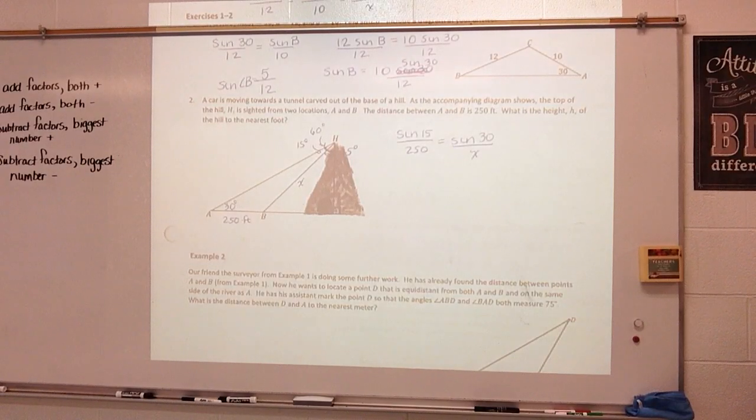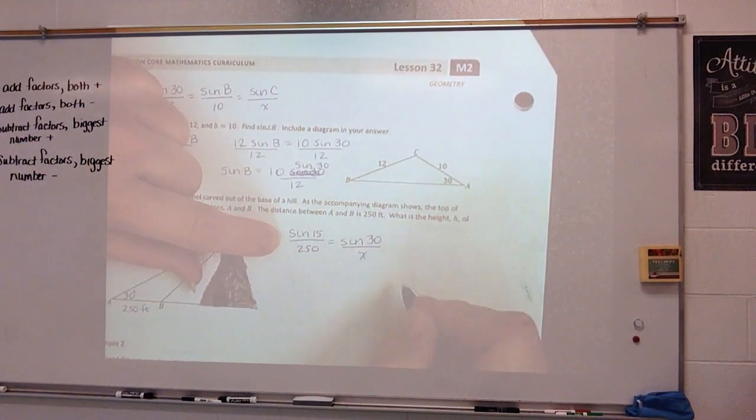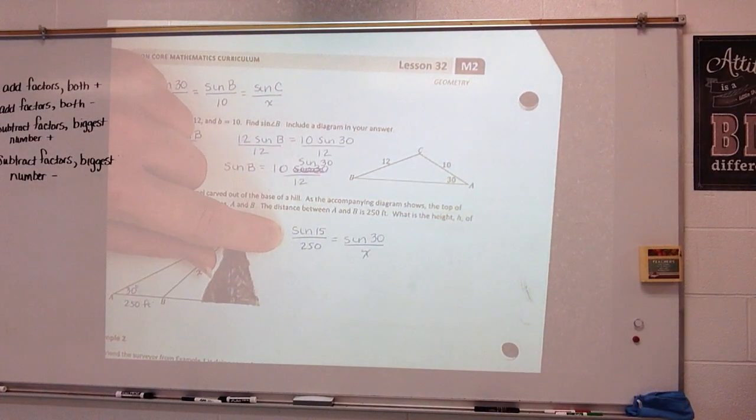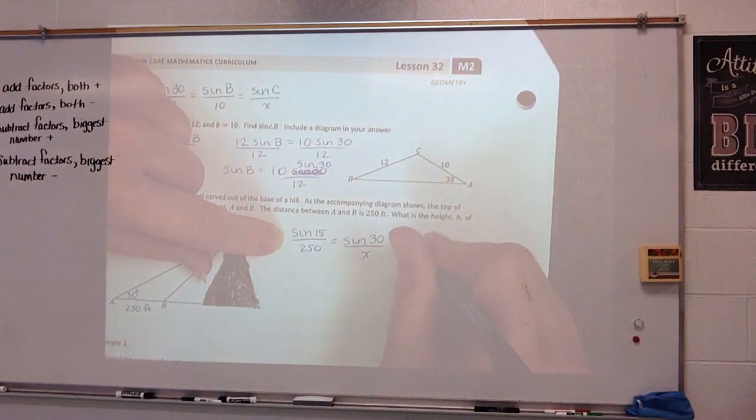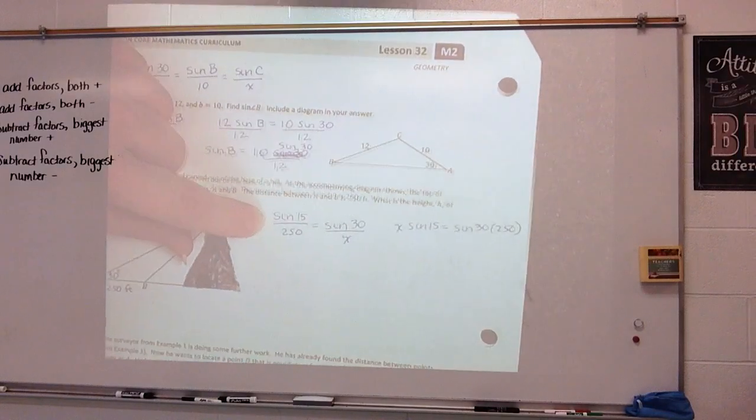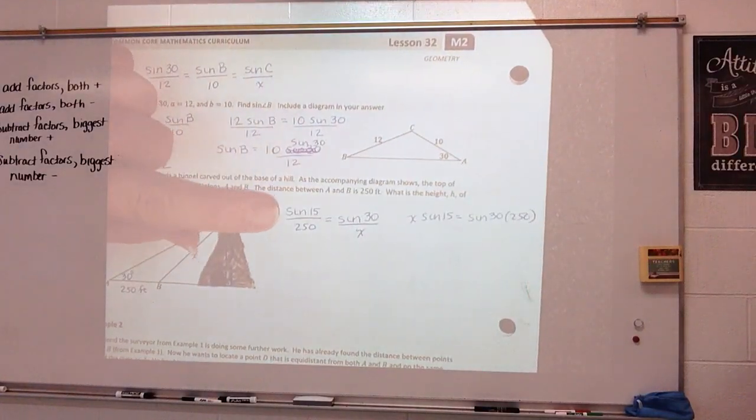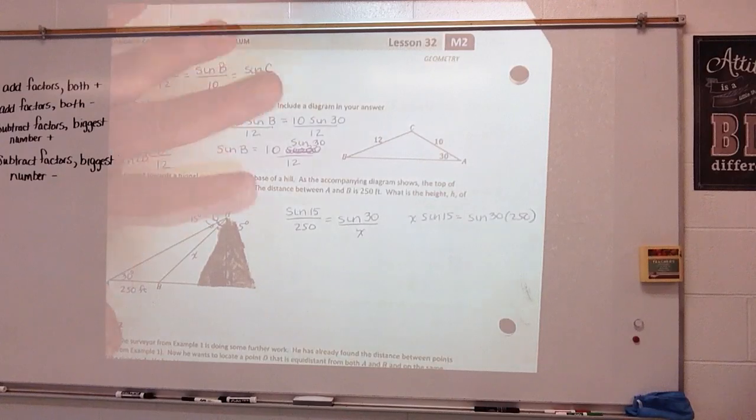So let's go ahead and solve this. Multiply. I get X times the sine of 15 is equal to the sine of 30 times 250, which I wrote backwards, but my brain was not thinking as fast as my hand.